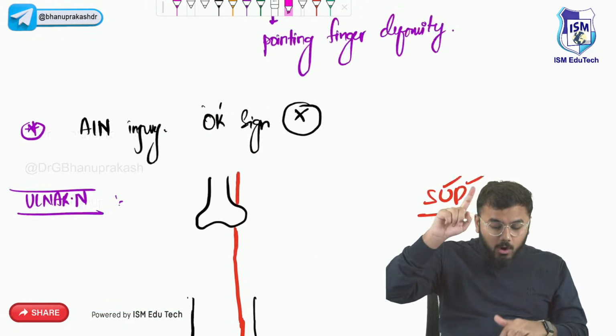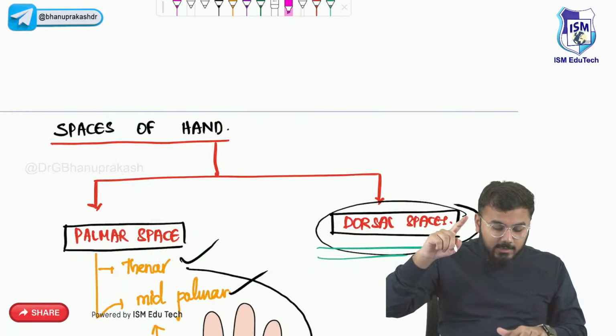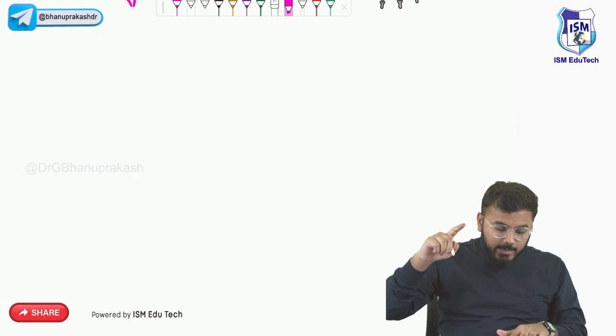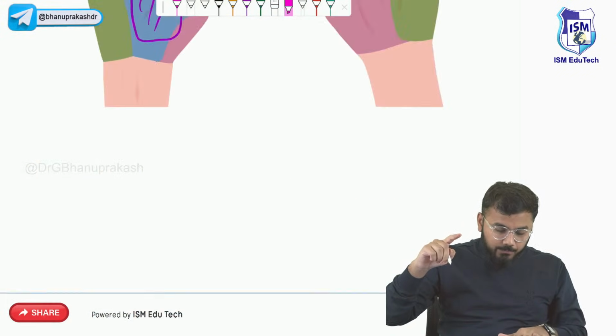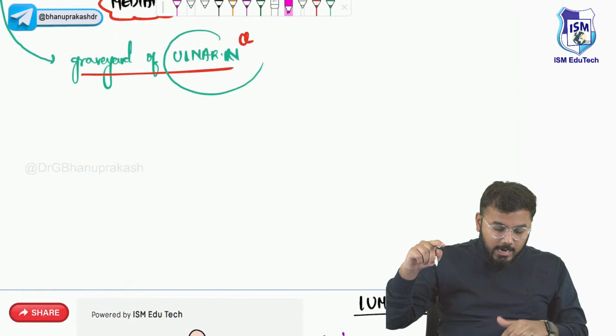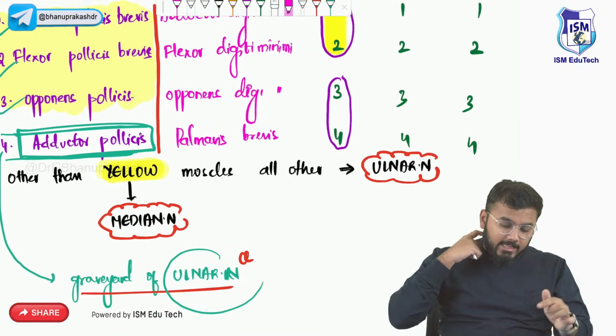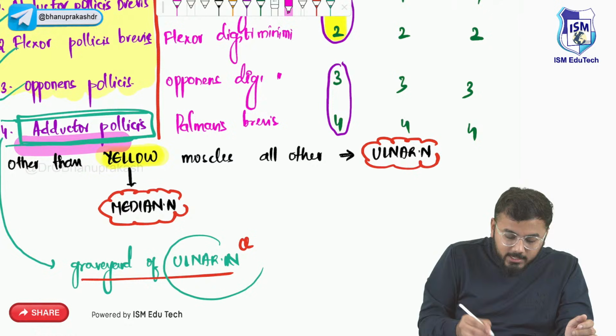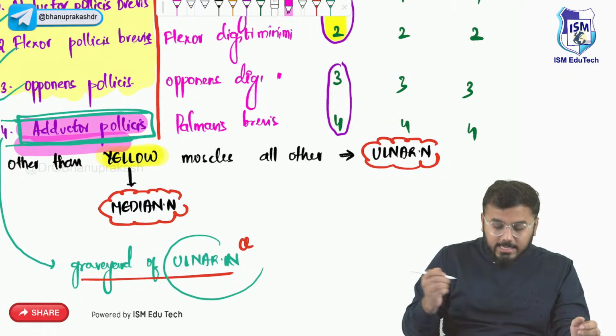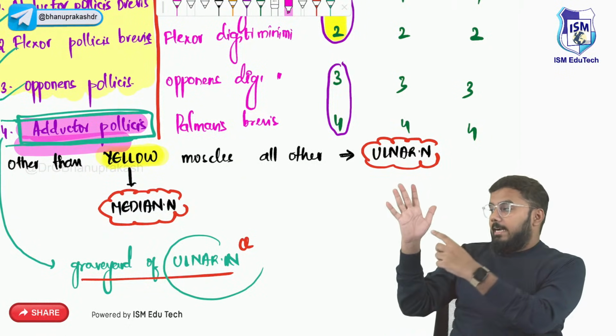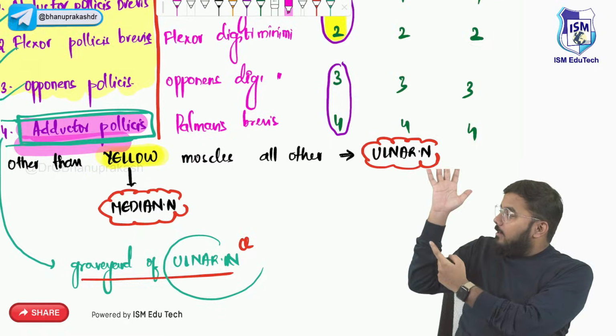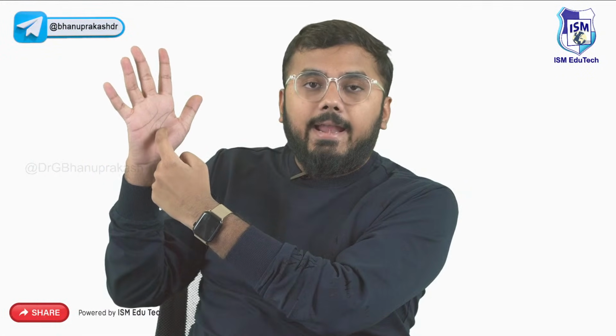And I have told you already in the starting itself, let me show it to you. In the thenar region, adductor pollicis is called the graveyard of ulnar nerve. Why? Because adductor pollicis is here. Ulnar nerve passes all the way like this, and finally ends.